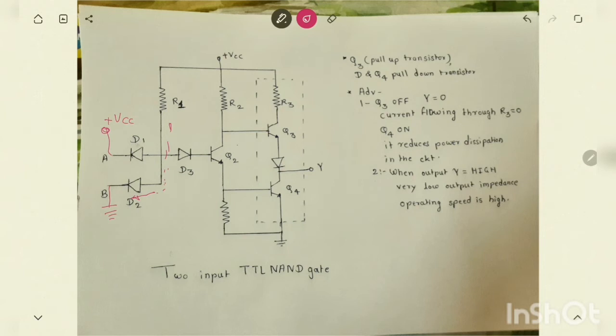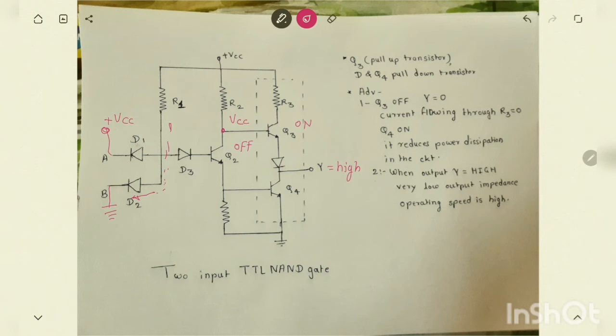Q2 is in an off stage. The voltage at this point is equal to VCC. Q3 becomes on, and therefore output Y is equal to high, as Q3 is in an on stage and acts as an emitter follower.